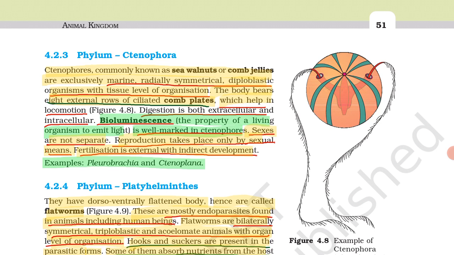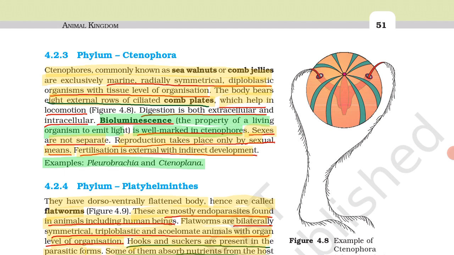Next is digestion, both extracellular and intracellular. We have studied earlier in cnidarians, in phylum Coelenterata, that they also show extracellular and intracellular digestion, and in ctenophora also the digestion is extracellular and intracellular.